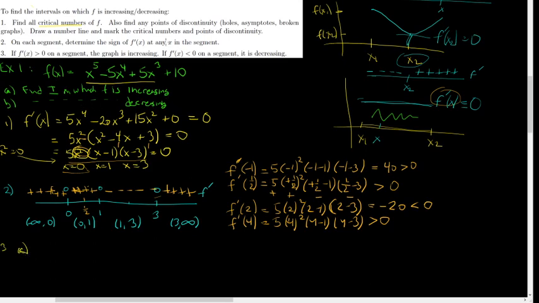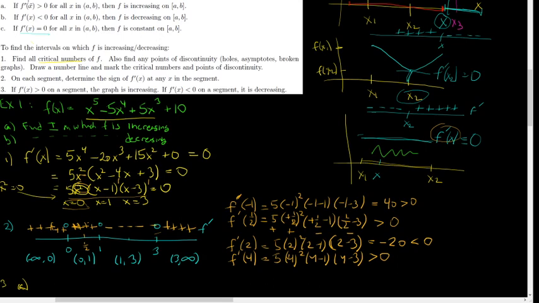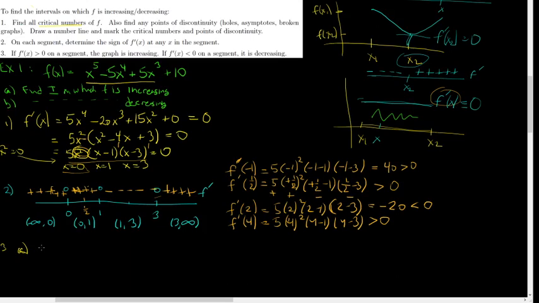Well, remember, increasing means that the derivative is positive, right? So where's the derivative positive? Well, everywhere from negative infinity to 0, everywhere from 0 to 1, right? And then everywhere from 3 to infinity, right? Because we're skipping over from 1 to 3, that's where it's negative.